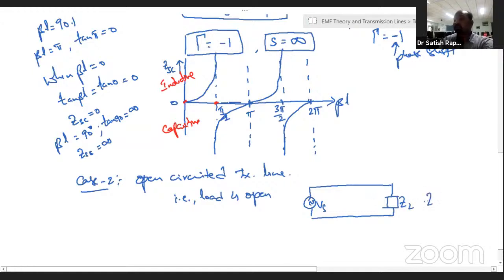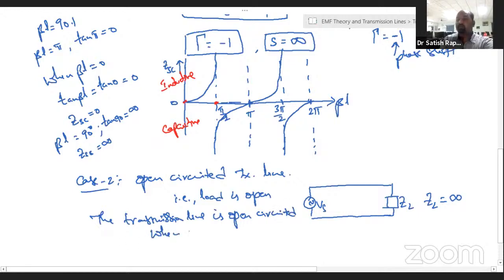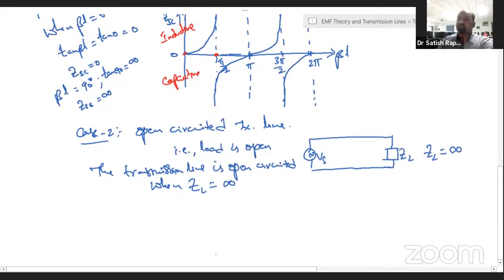When ZL is very high, that means infinite. So therefore, the transmission line is open circuited when ZL is equal to infinite.